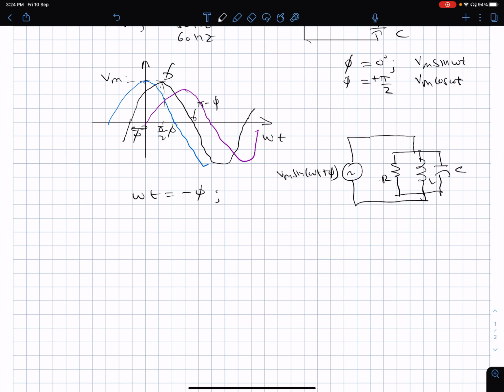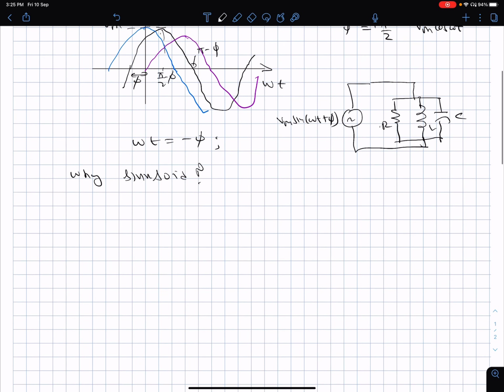Now, why sinusoids? I like to connect it like this. Maybe I have mentioned it earlier in my class, but let me repeat it.